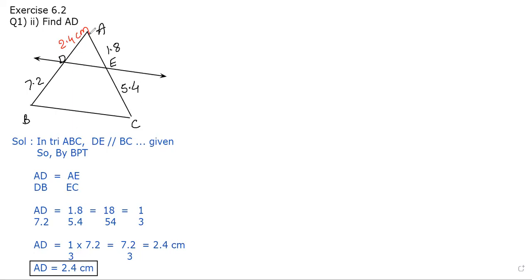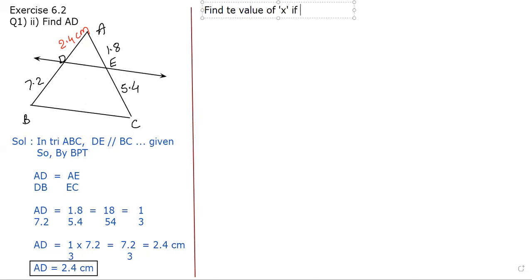Take down the question. This is an extra example. Find the value of x if AB is parallel to PQ.